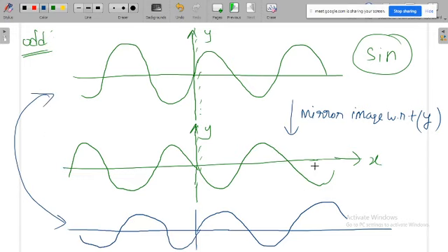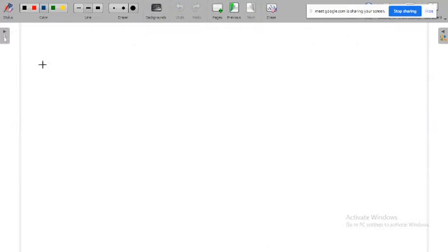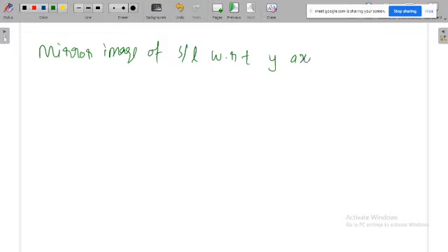But in this process, what we have done is we have applied the mirror image with respect to the y axis and also the mirror image with respect to the x axis. Mirror image with respect to the x axis is similar to applying amplitude reversal. So finally you should understand this: the mirror image of a signal with respect to the y-axis is equal to time reversal.